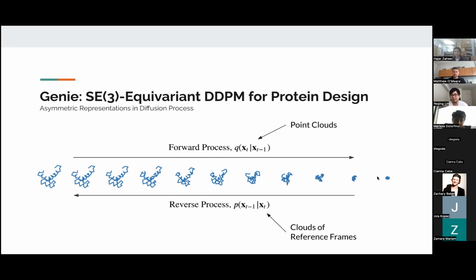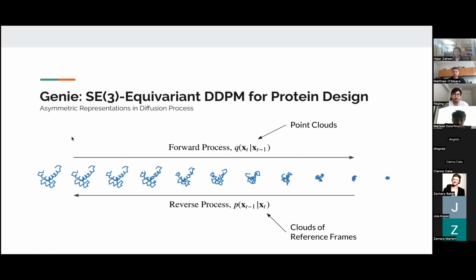We set a maximum time step T. With sufficient noising, it essentially converts to an isotropic Gaussian distribution. In the reverse process, we can sample from this isotropic Gaussian distribution and slowly run our denoiser to gradually remove part of the noise, which finally gives us the structure that we have.